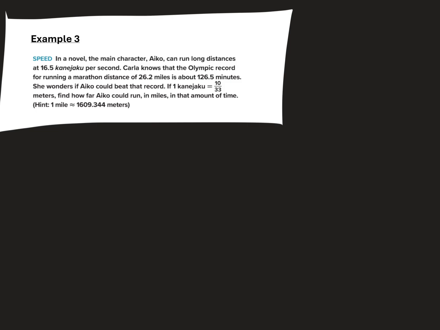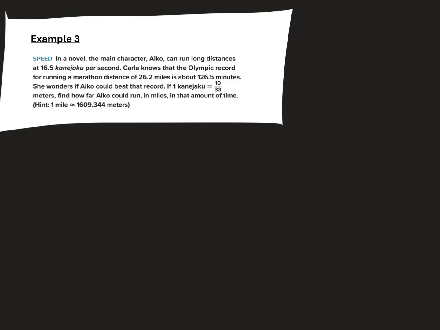And the last one, in a novel, there's a main character, Aiko. Please forgive me. He can run long distances at 16.5 units per second. I don't know how to say that unit. Carla knows that the Olympic record for running a marathon distance of 26.2 miles is about 126.5 minutes.